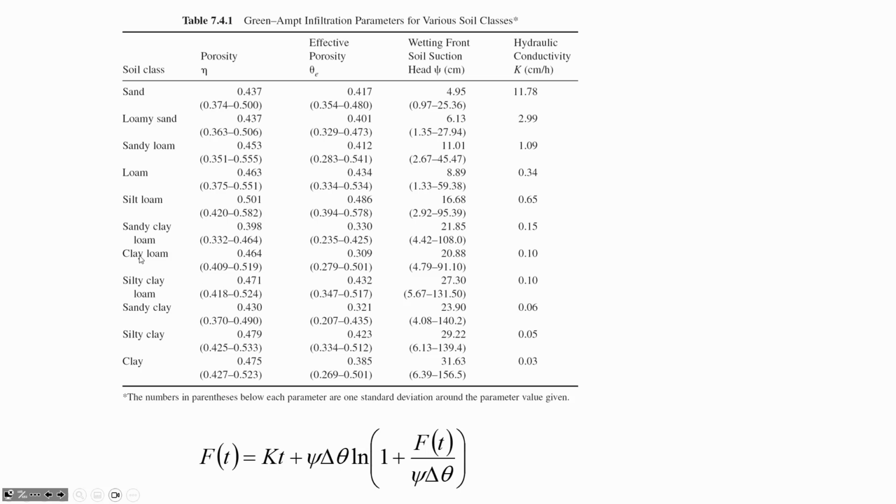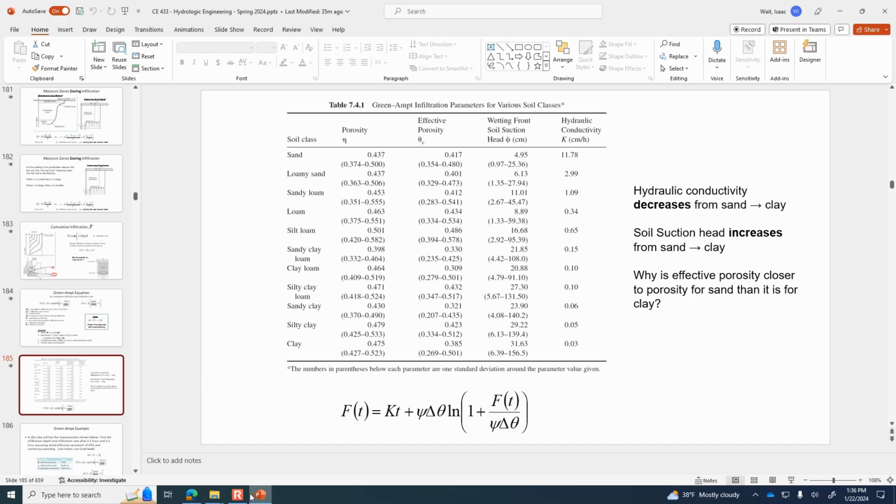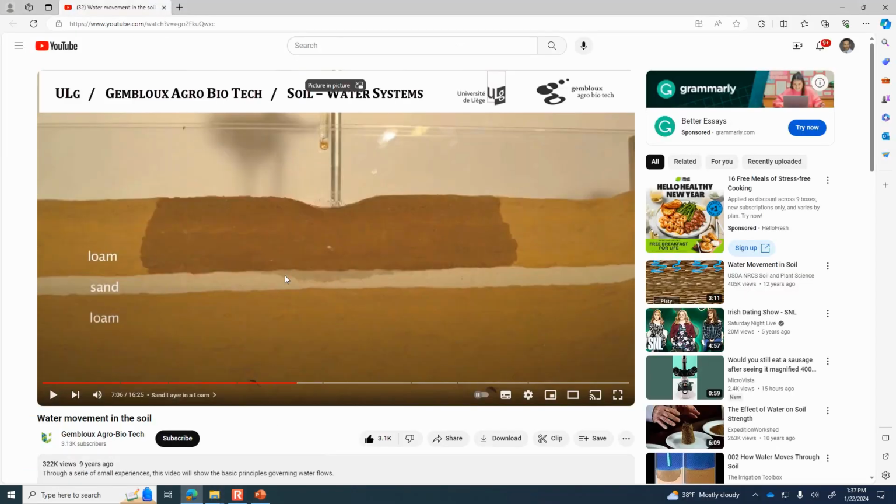A clay loam, which is what we saw a lot in this video, has, as a midpoint value within a range, 20.88. So what we're seeing is that the water doesn't go into the sand until the clay loam is mostly saturated and the driving force has reduced. That's when the water starts to penetrate into the sand.